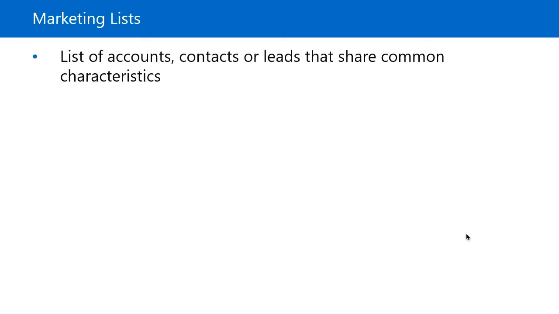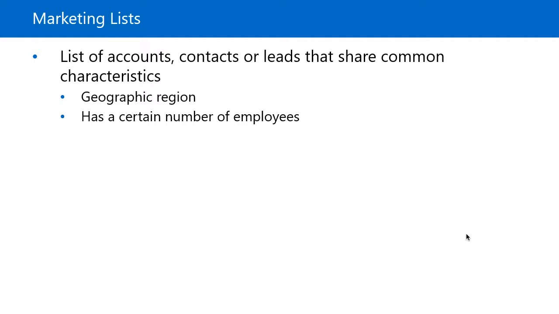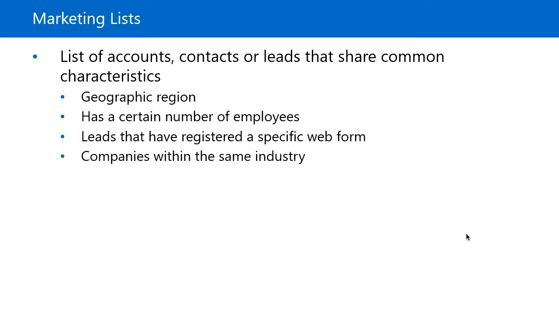One of the first key elements to understand when working with a marketing application is the creation and management of marketing lists. Within Dynamics 365, a marketing list can consist of accounts, contacts, or leads that share some of the same characteristics, such as a geographic region, a certain number of employees, leads that have registered from a specific web form, or perhaps even companies within the same industry.